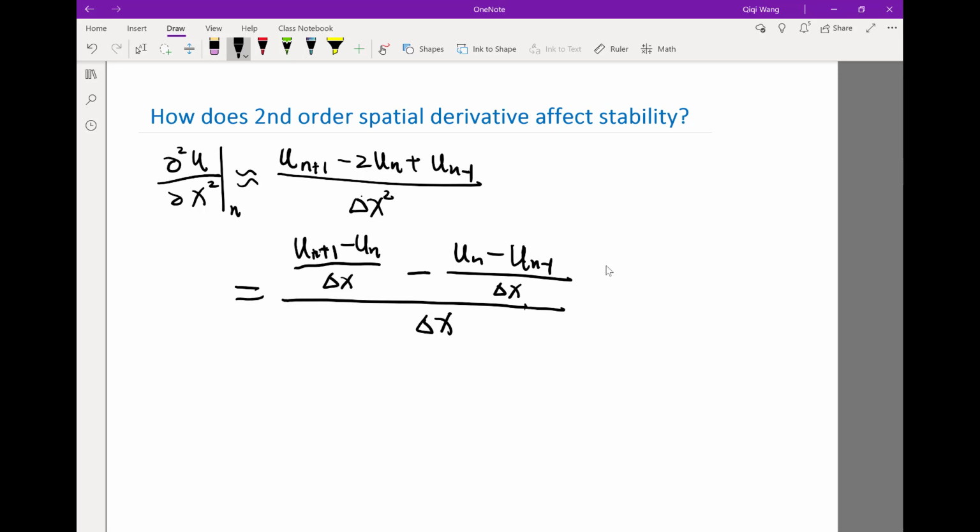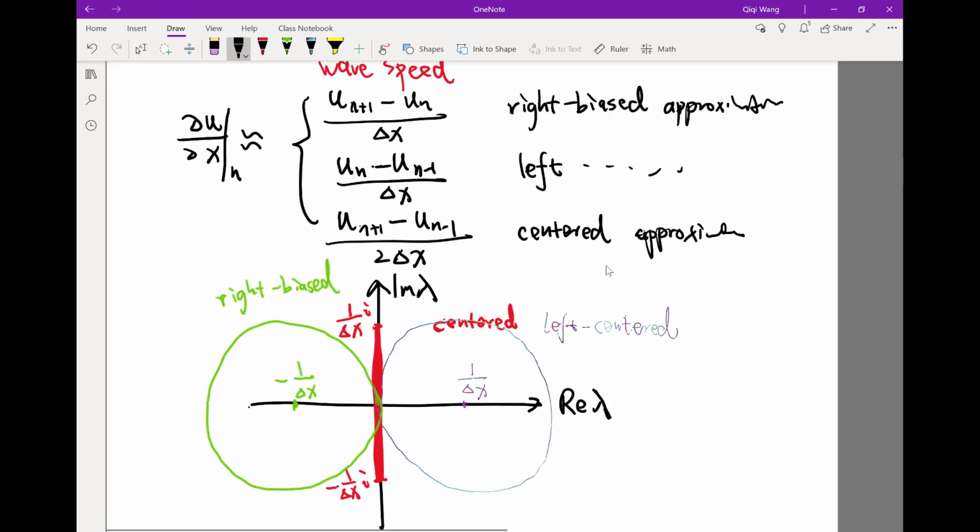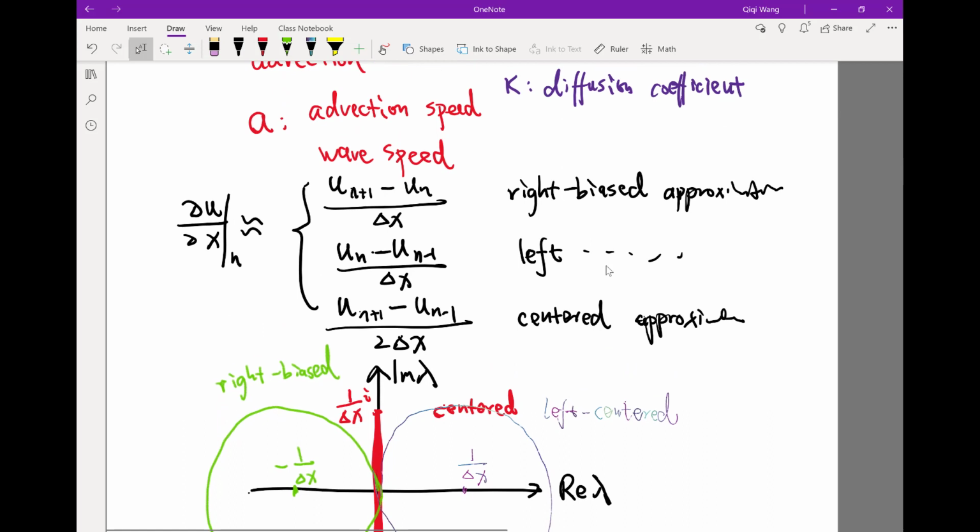So why don't I just approximate it as a finite difference of finite differences? Effectively, but I'm using a trick here. I'm not strictly applying, for example, the centered approximation.